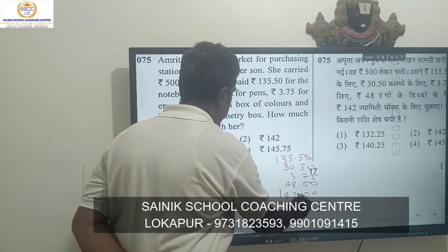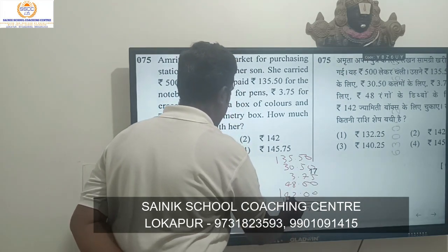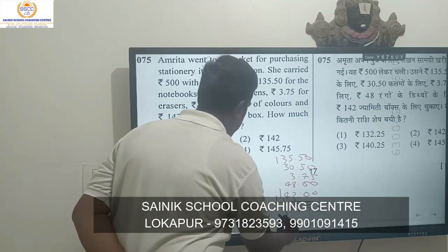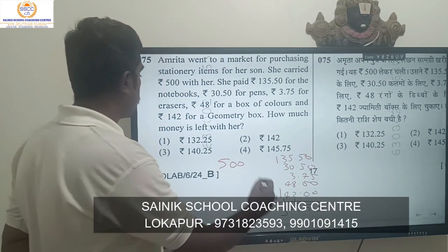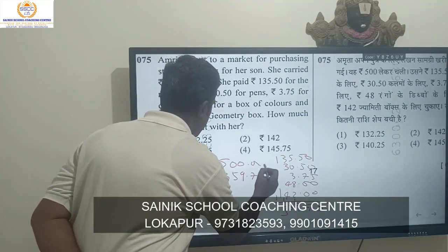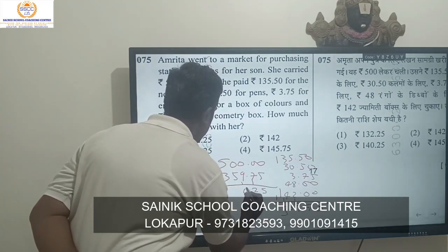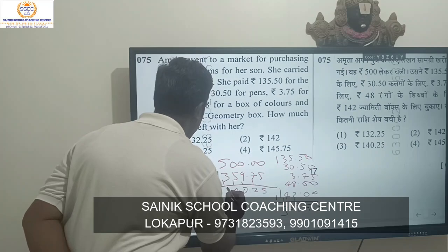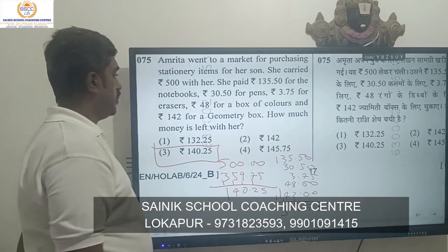So she has to pay 359 rupees 75 paise. So how much money will be left with her? 500 minus 359.75. So the answer is 140 rupees 25 paise. Yes. Option 3 is the right answer.